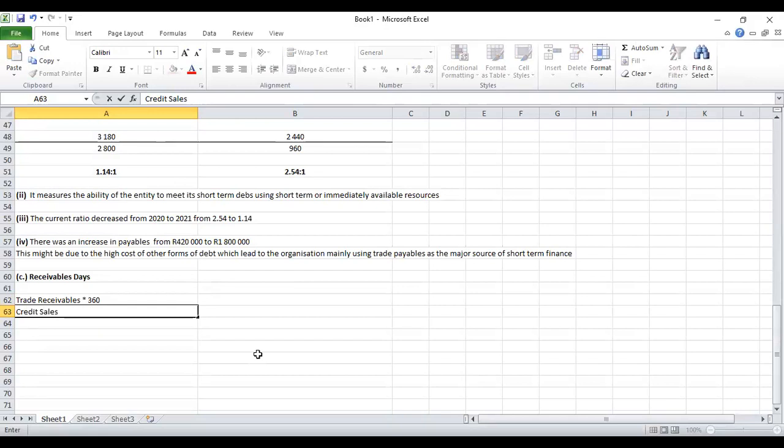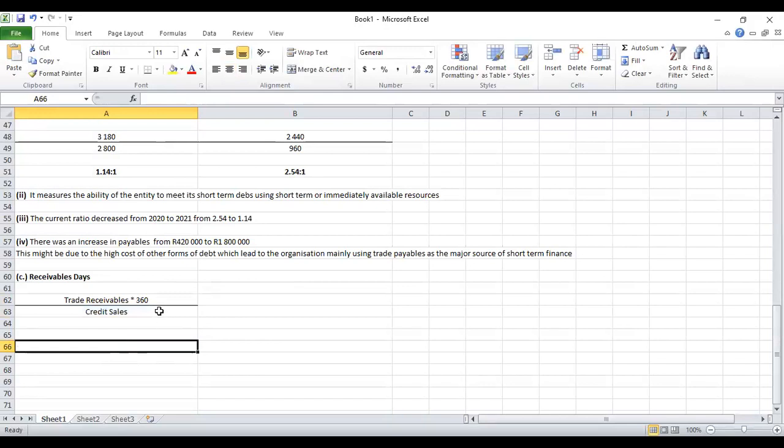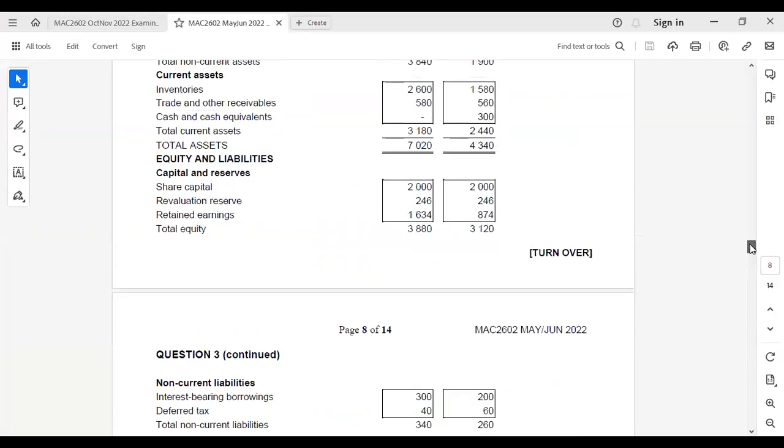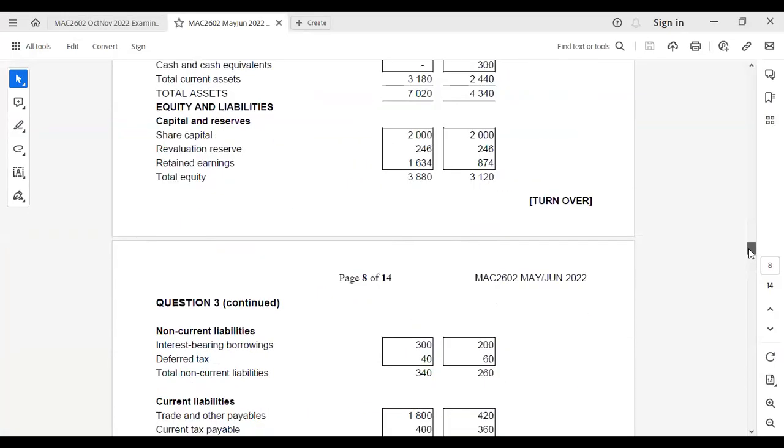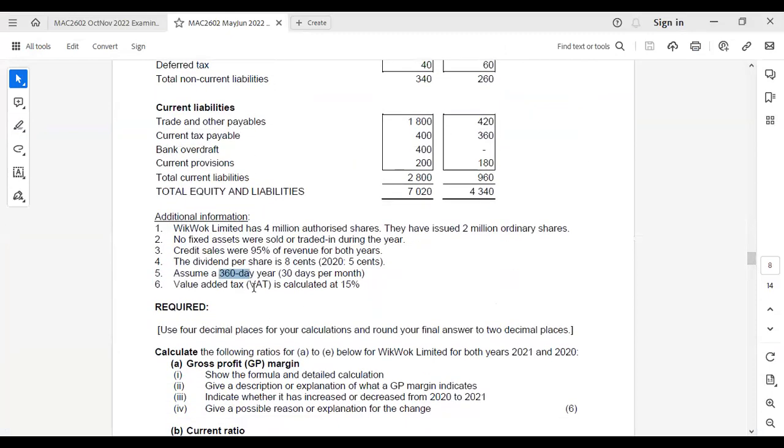Another thing we have to know: normally in our financial statements, our credit sales is excluding VAT, but the trade receivables include VAT. So it is unfair to use one figure including VAT whilst the other is excluding VAT. Unless we are told that the business is not a VAT vendor, we should make sure that we adjust the sales for the VAT, especially if they tell you the VAT is 15%.